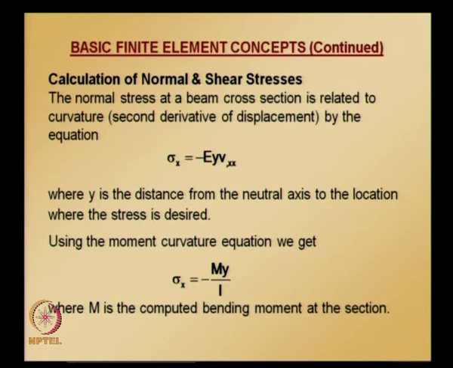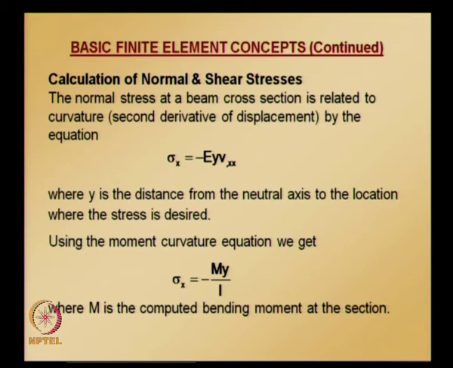Shear stress can be calculated by considering a free body diagram of an infinitesimal segment of the beam along its length direction and equating unbalanced normal forces to shear force.